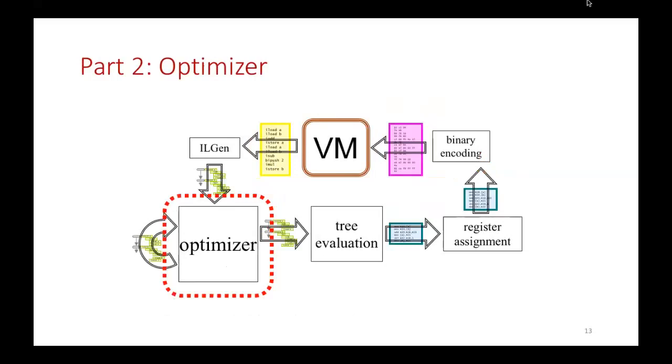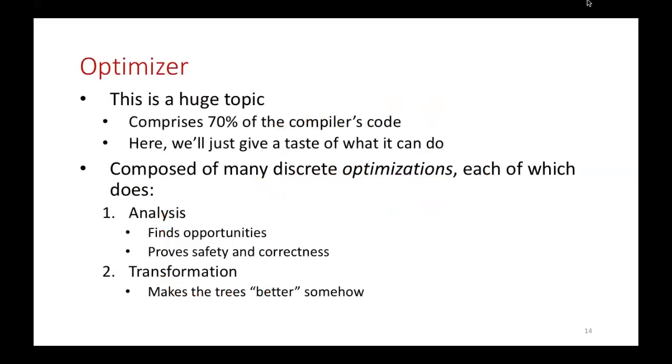So once we have produced the initial set of internal intermediate language for a particular set of bytecodes, we can pass that into the optimizer, a high-level optimizer. And like I said before, there's probably at least 120 optimizations that are available.